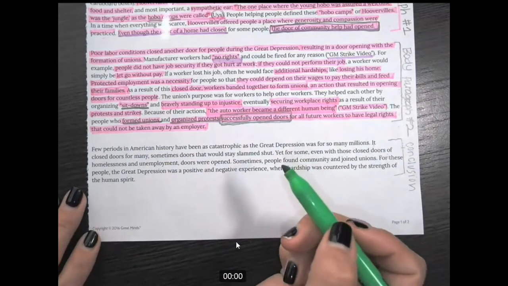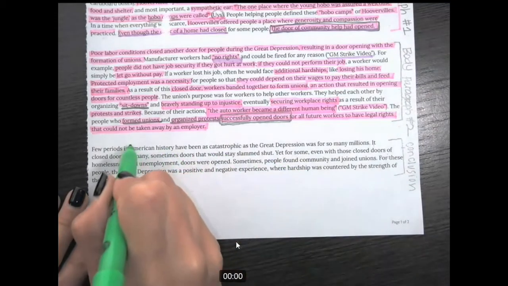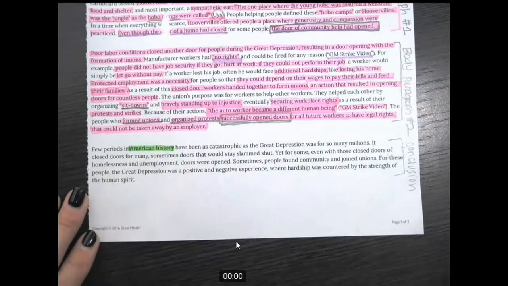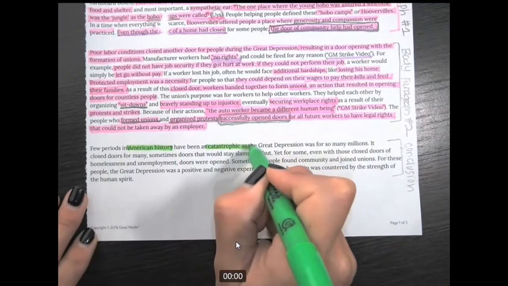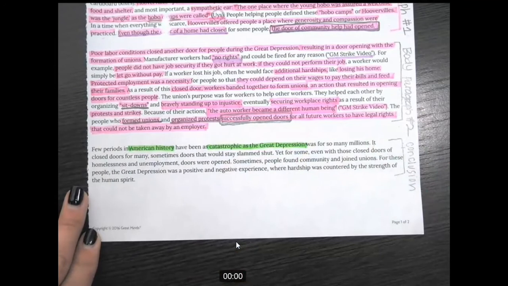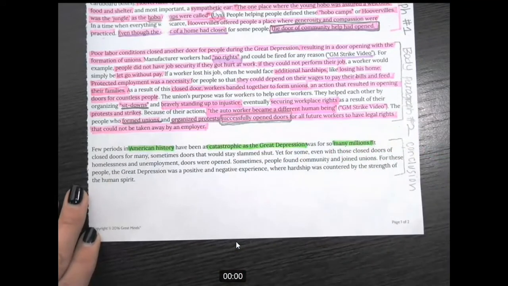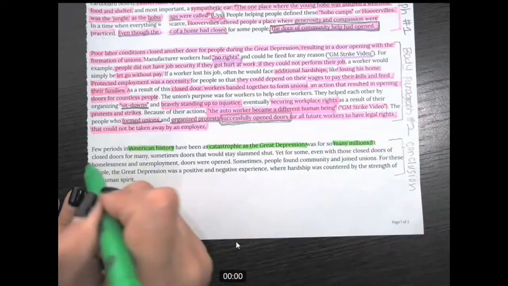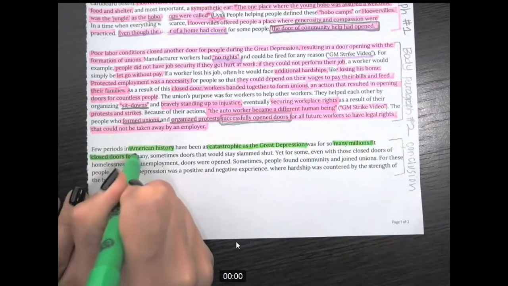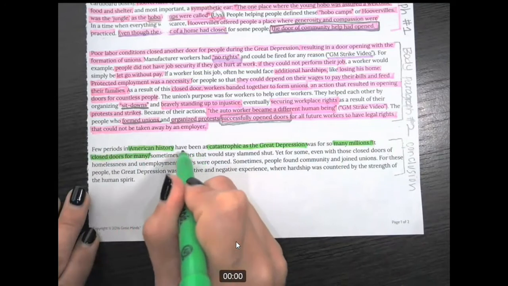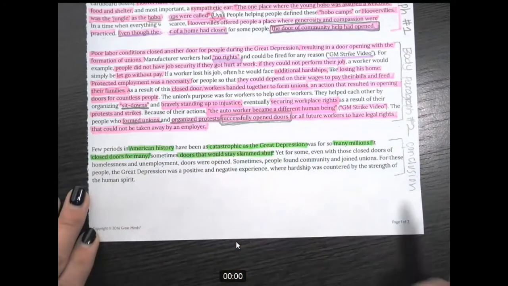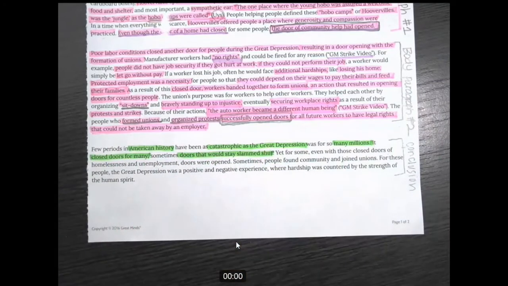Notice how we go back and state that we're talking about American history and how it was catastrophic, the Great Depression. We talk about how it affected millions. And then we point out how it closed doors for many, but sometimes doors that would stay slammed shut, meaning it was very, very hard for a lot of people.